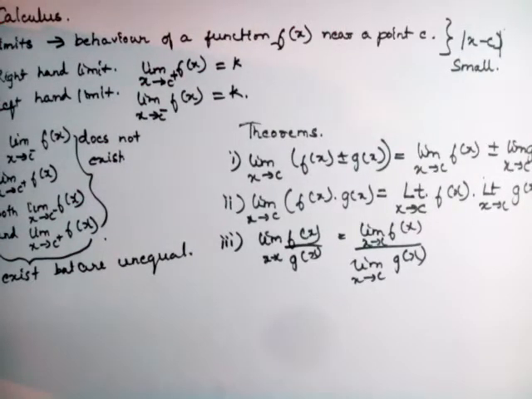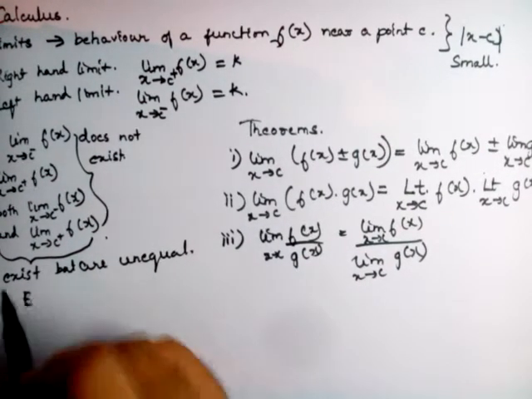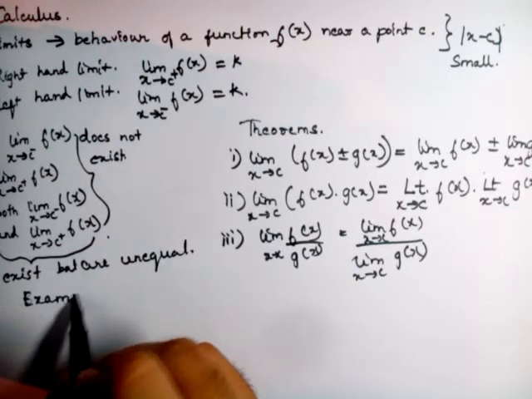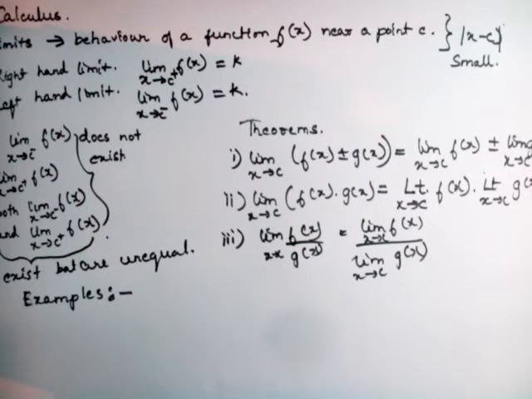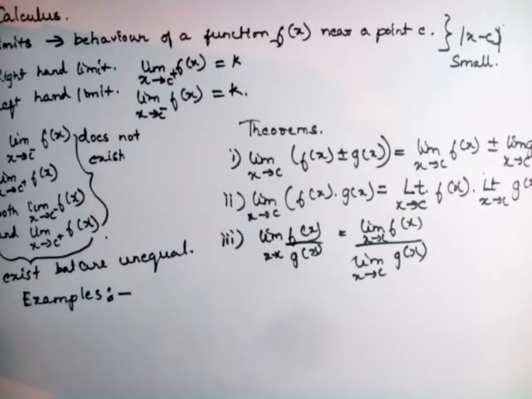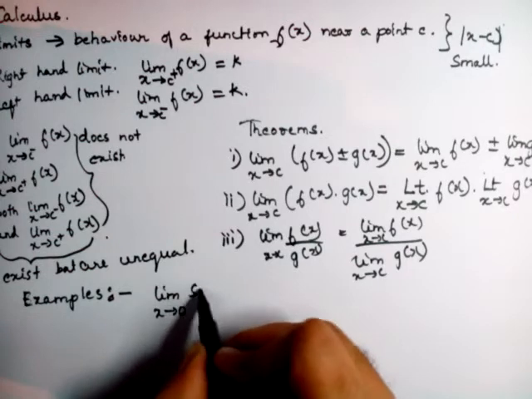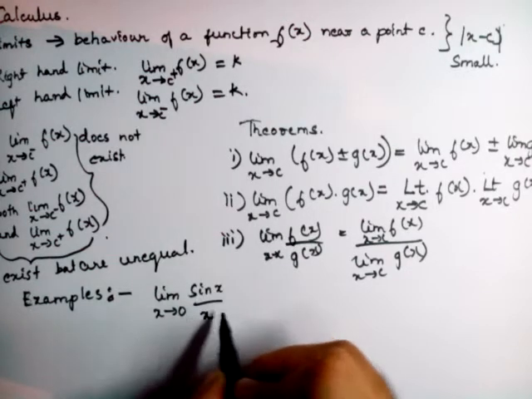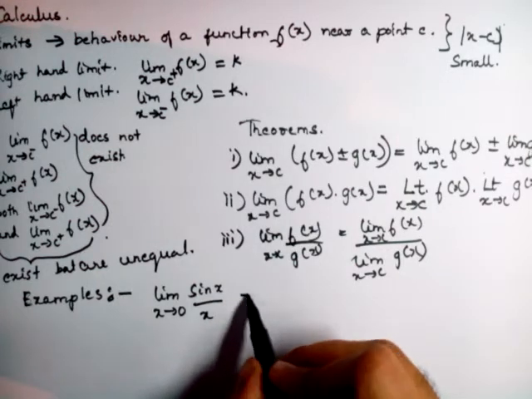So discussing some of the important limits or examples of how a limit works, just to give you an idea. Say limit x tends to 0 sine x divided by x, this would be equal to 1.